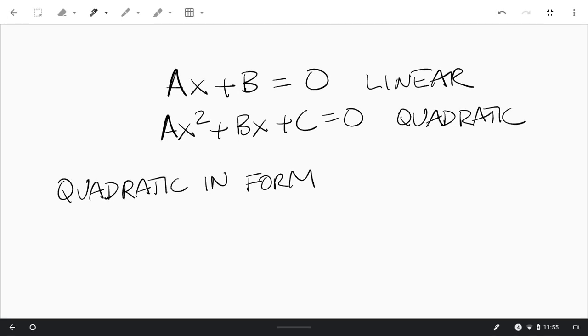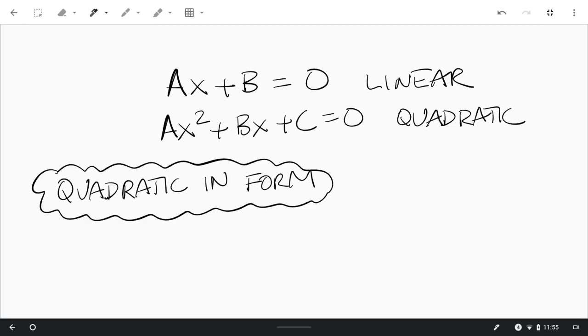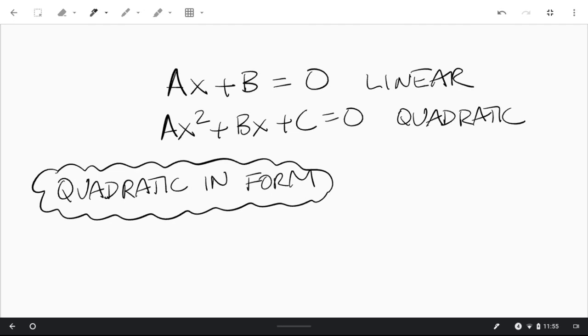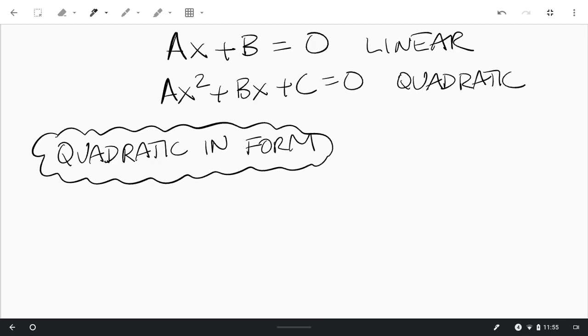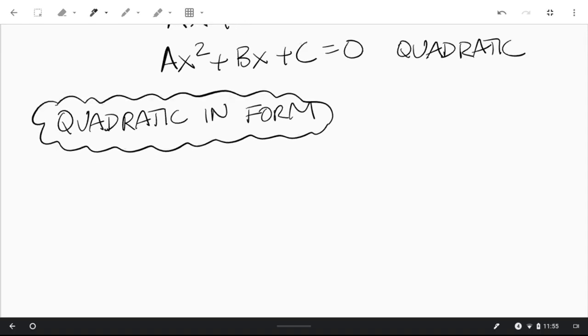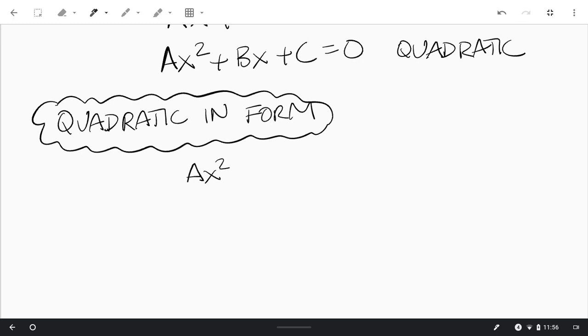So not quite a quadratic because it doesn't have that restriction of having degree 2, but its structure is like a quadratic.